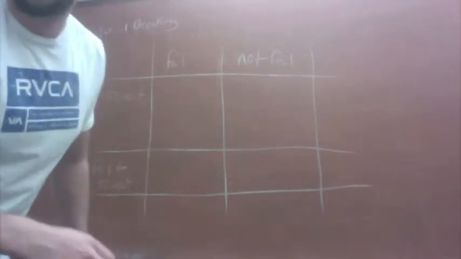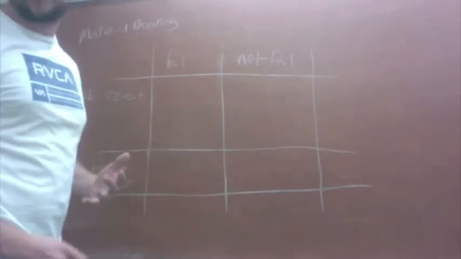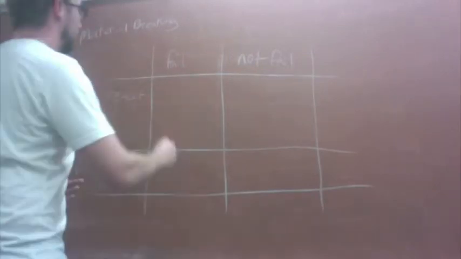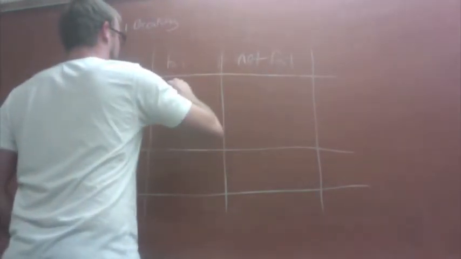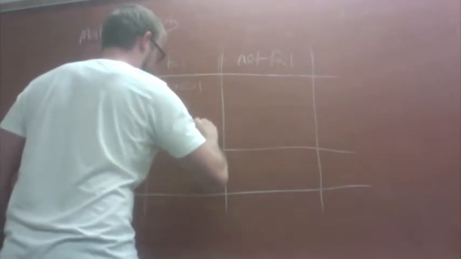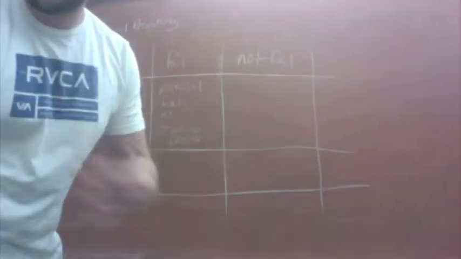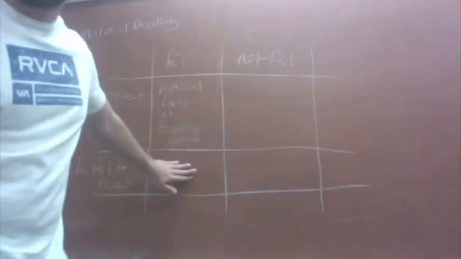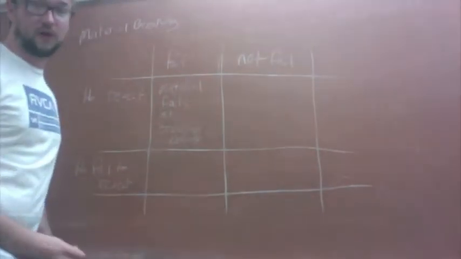Okay, so for our first box that we're going to put on here, we're going to say that the material fails at its breaking point. So when it's supposed to break, the material breaks. For our second part in the box that's down below, since we're failing to reject our null, it's going to say that the material fails before its breaking point.